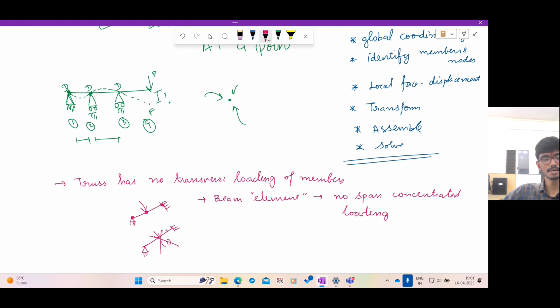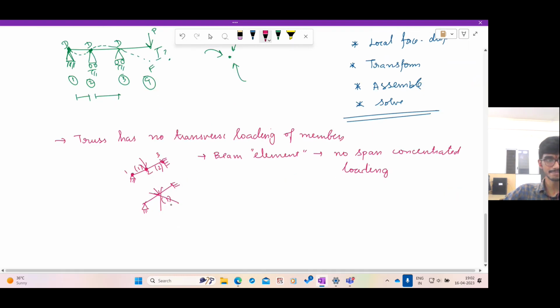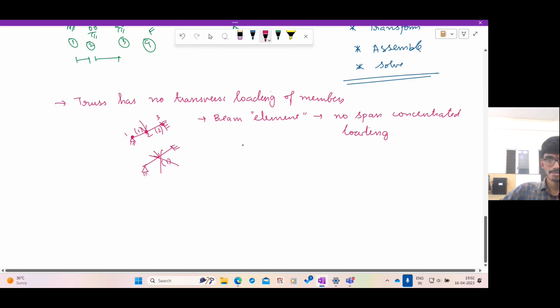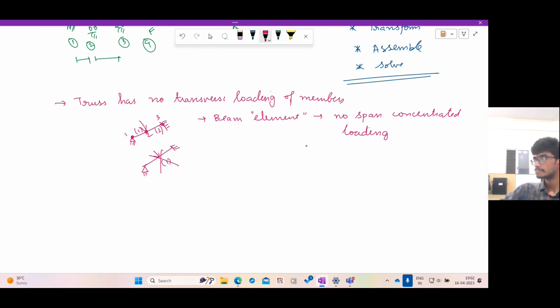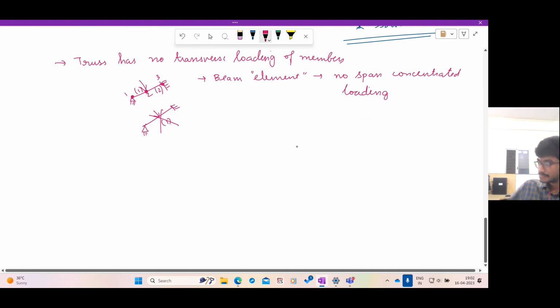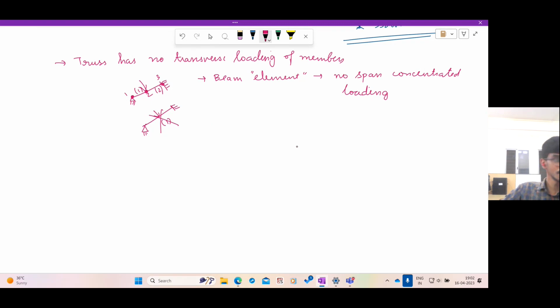We are only dealing with the equilibrium at the nodes, so you will not be able to easily capture the effect of this applied force. So instead put three nodes this way, instead of two elements. That is the trick. So that is the only difference. And in the case of frames, the same thing applies further. But this is in the case of concentrated loading.